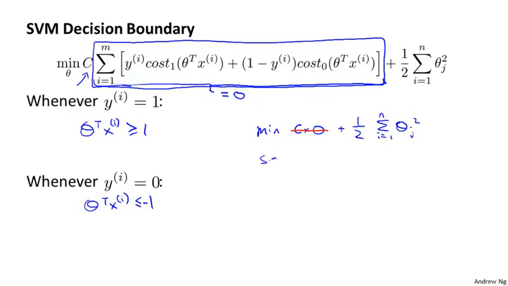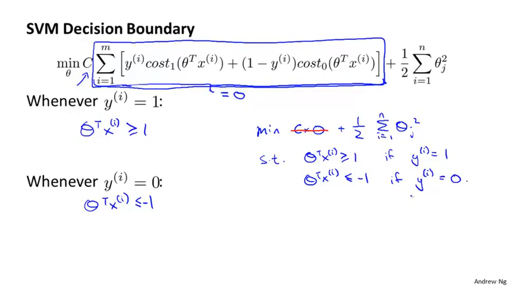And this will be subject to the constraint that theta transpose xi is greater than or equal to 1 if yi is equal to 1, and theta transpose xi is less than or equal to -1 whenever you have a negative example.